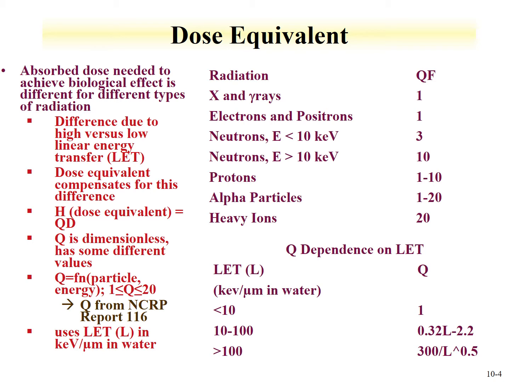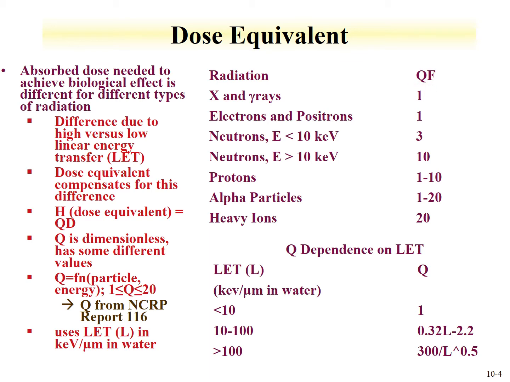There's some information about what Q should actually be from the NCRP report listed here, the National Council on Radiation Protection. The data shown here defines the Q as a function of the type of radiation. Photons, X and gamma rays, have a quality factor of 1.